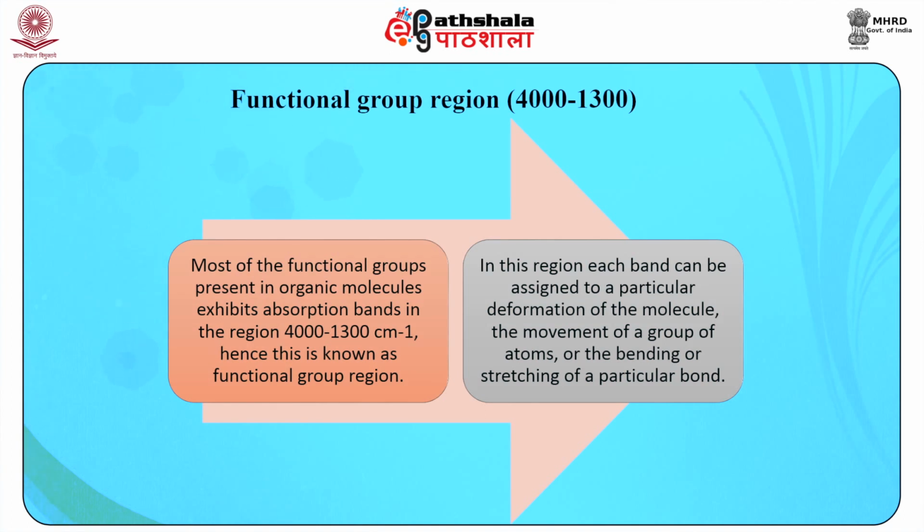Most of the functional groups present in organic molecules exhibit absorption bands in the region 4000 to 1300 centimeter inverse. Hence, this is known as the functional group region. In this region, each band can be assigned to a particular deformation of the molecule, the movement of a group of atoms, or the bending or stretching of a particular bond in that molecule.